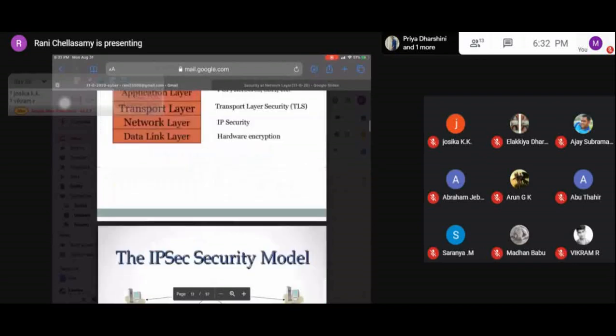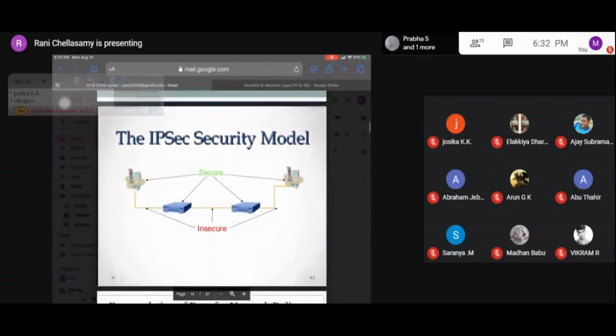Here we can see the security model of IP security. Between the hosts at the sender side and at the receiver side, the IP security protocol can provide secure transmission from host to host, that is, sender to receiver.